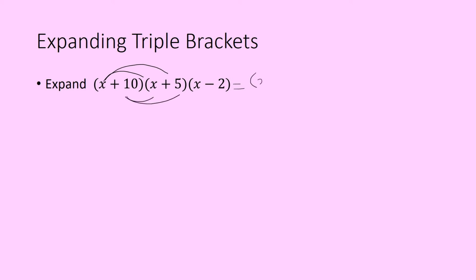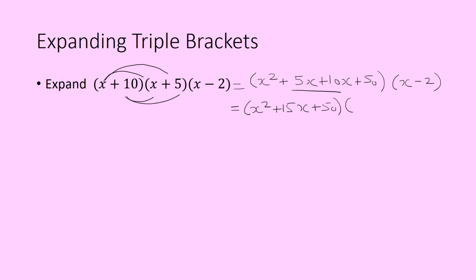So we would get x squared plus 5x plus 10x plus 50 multiplied by x minus 2. Collect like terms and we get x squared plus 15x plus 50 times x minus 2. I'm going to swap that x minus 2 and put it in front.